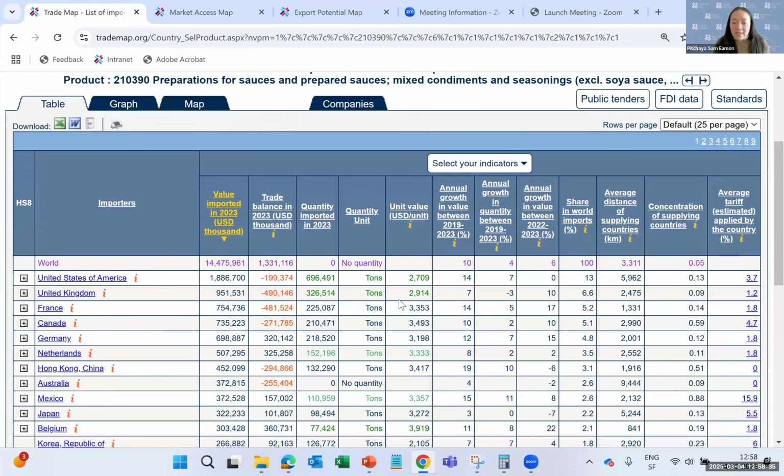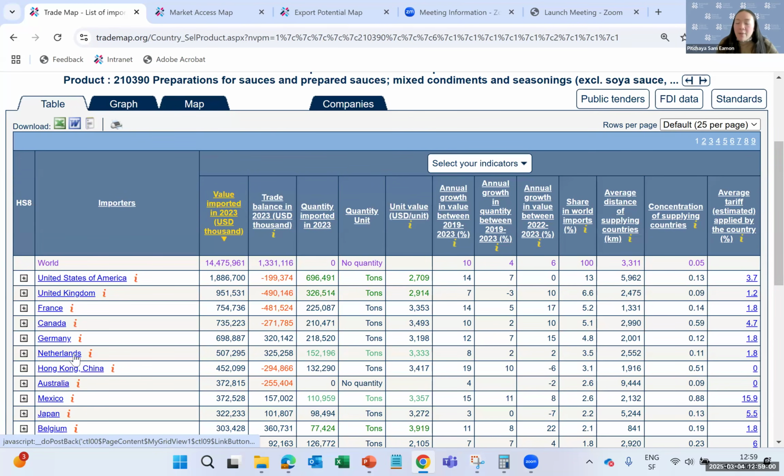So based on this particular table, I have selected Netherlands as a potential target market because I see that it's a good entry into the European Union market. I would like to find the right importer who can distribute my product in its network. So I'm going to zoom in on Netherlands.